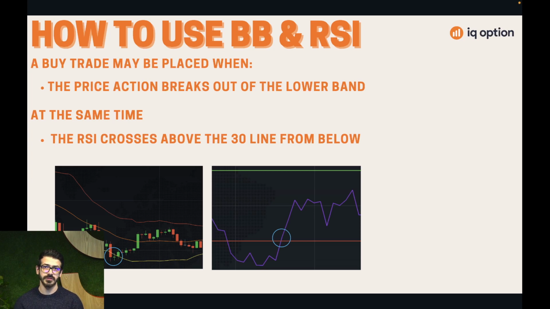And it's also crossing upwards. So it's very similar. Both of them are giving you a similar signal that it crossed the low, it went below the lower band, and it's now going back upwards. This is how we understand when to place a buy trade, because it's already oversold and we want to buy.